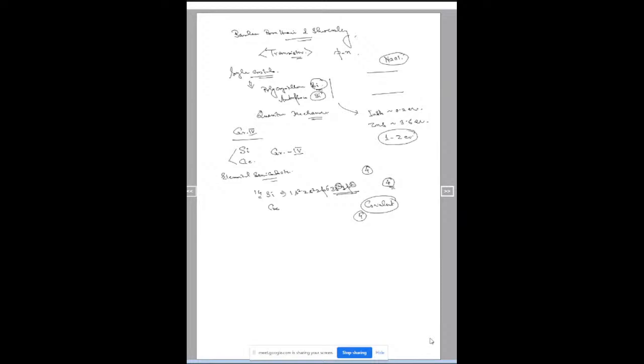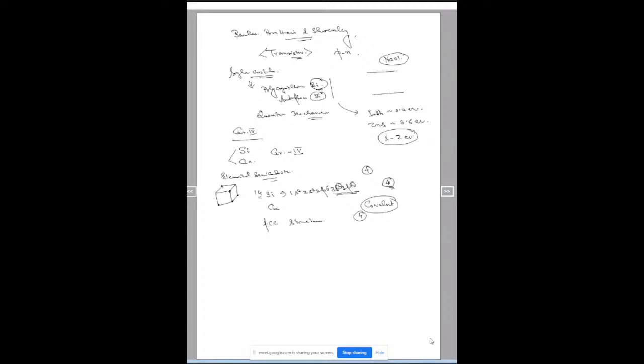And both silicon and germanium share electrons with the adjacent 4 silicon atoms or 4 germanium atoms and form a covalent bond. And it gives you an interpenetrating face-centered cubic structure, FCC structure. Simplest structure is the cubic structure, where you have atoms in all corners, right?